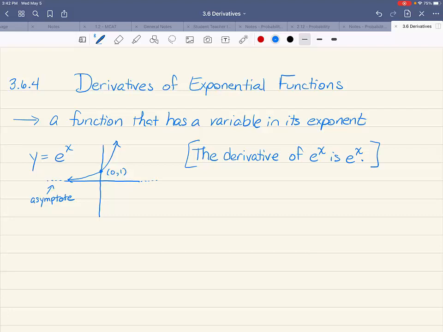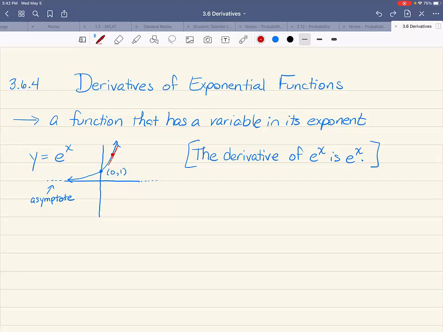And what that means is, and I'm going to draw this in, but I'm going to erase it, if you pick any point on the curve and you draw a tangent line at that point, the gradient of that line is equal to the y value at that point. Let me say that one more time. The gradient of this red line is equal to the y value of that point in question.